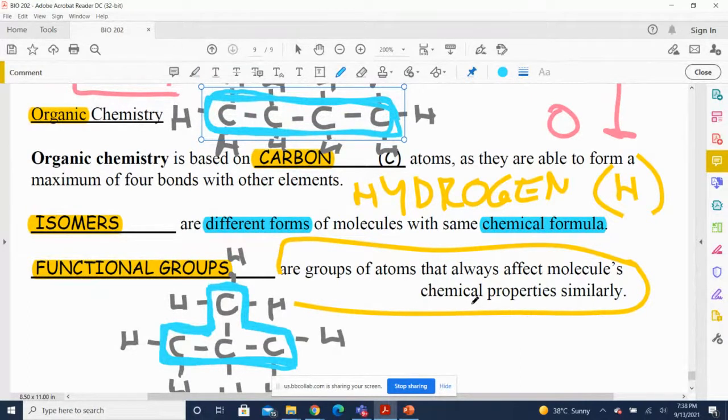And their shape being very different will have consequence that these 2 molecules, they will behave very differently in a chemical sense when we're doing things with them, even though they're made of the exact same substance. So these would be isomers of the same molecule. So we have the same chemical ingredients, but they take different shape.